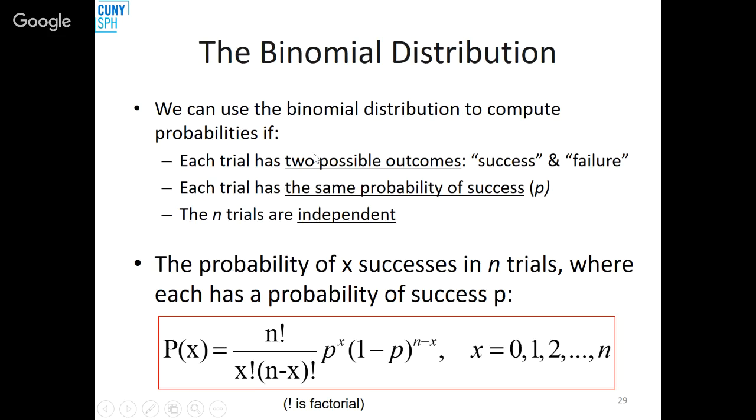And as long as those 3 things hold, then the probability of X successes in N trials, where each has the same probability of success P, is given by this. And this is the binomial distribution.